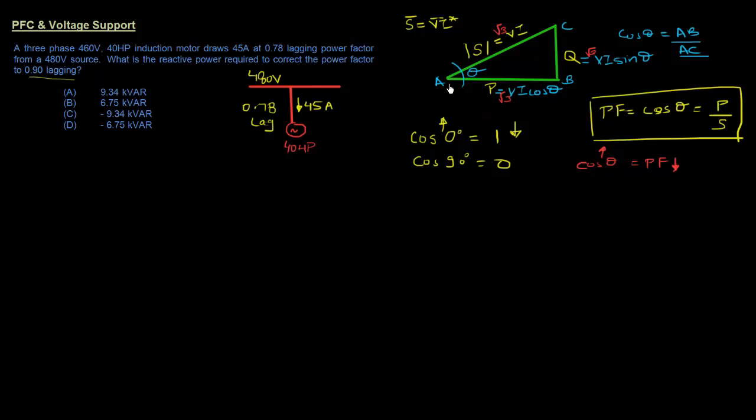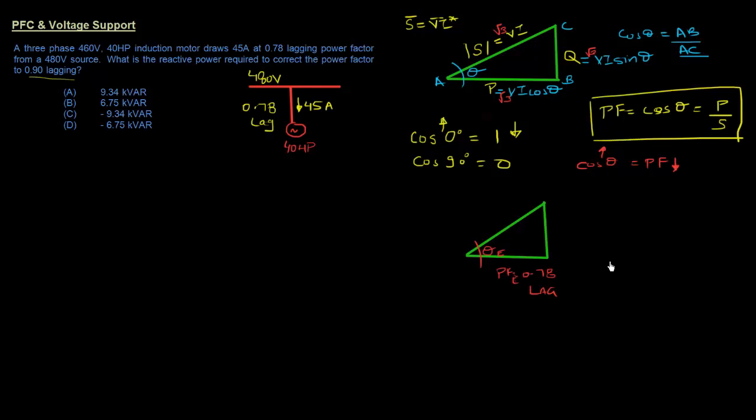So if we were to draw a power triangle for our first system where the power factor is 0.78 lagging, let me draw that. Let us just say that this is the power triangle for power factor equal to 0.78 lag, right? And then this is our angle theta existing because this is power factor which is existing.